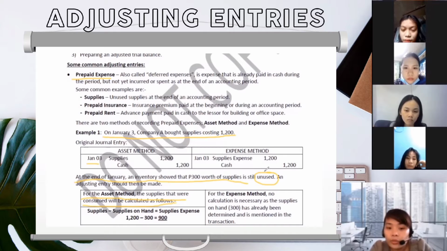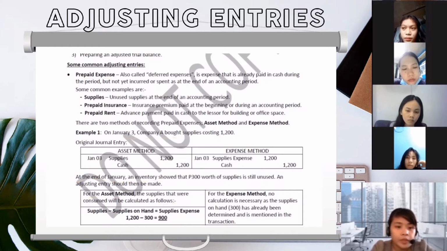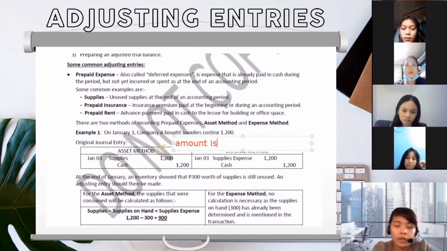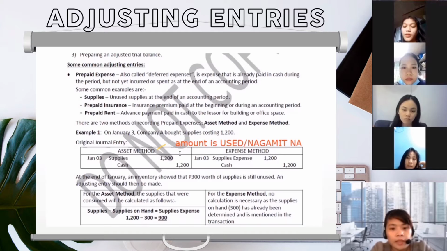So since 300 is unused, you subtract it, because what we need in the asset method is the amount used. Remember, in the asset method, the amount you put is the used amount, or in Tagalog, nagamit na.